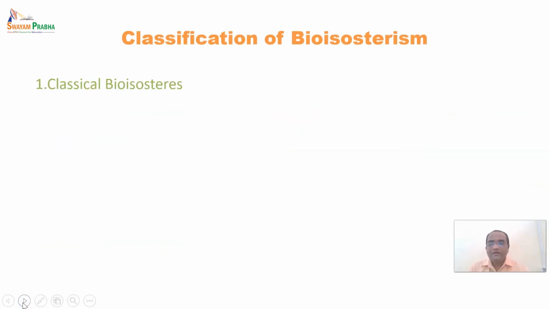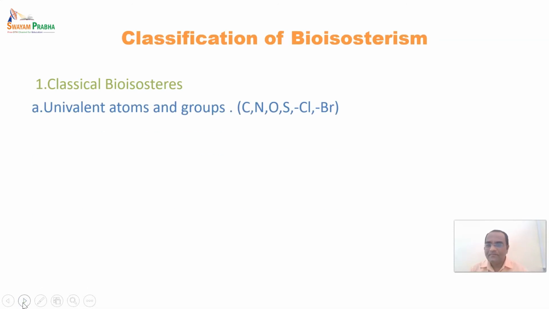Now we'll come to the point of classification of bioisosterism. So there are two main classes of bioisosterism. First class, that is classical bioisosteres, and second class, that is non-classical bioisosteres. In the case of classical bioisosteres, the electronic parameter and steric parameter do not change.